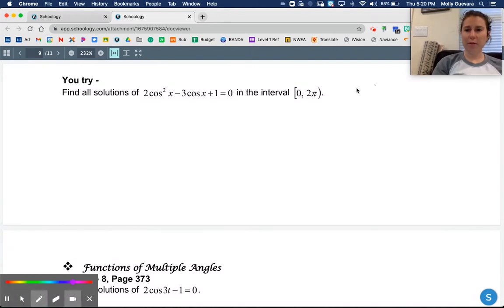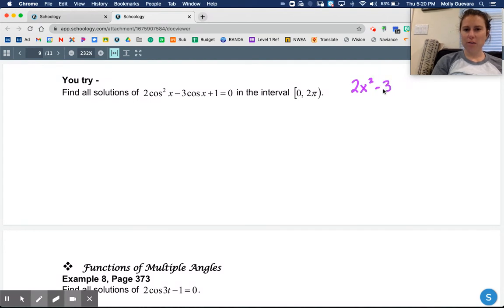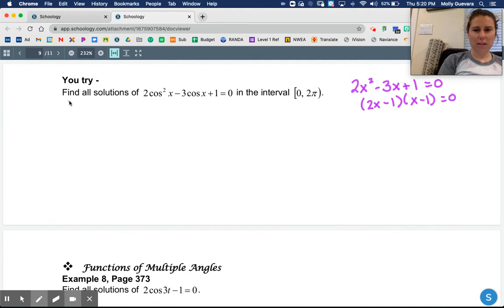Okay, I'm going to rewrite this with my x's, so 2x squared minus 3x plus 1 equals 0, just because it helps me factor. This factors into 2x minus 1, x minus 1. Then factored, this gives me 2 cosine of x minus 1, and cosine of x minus 1 equals 0.